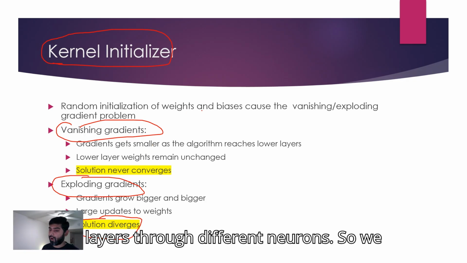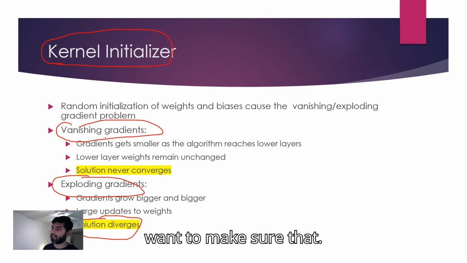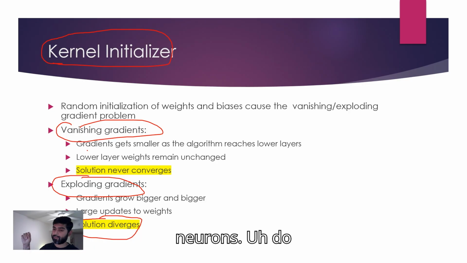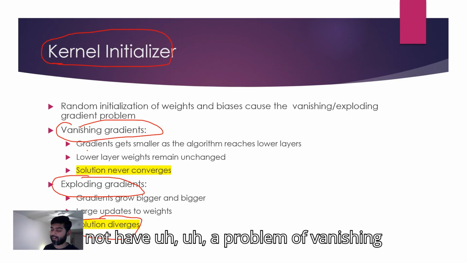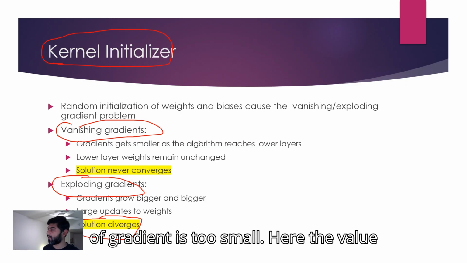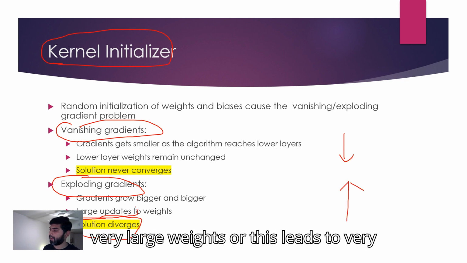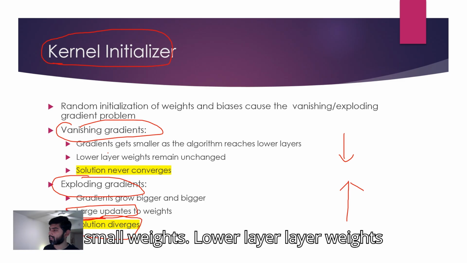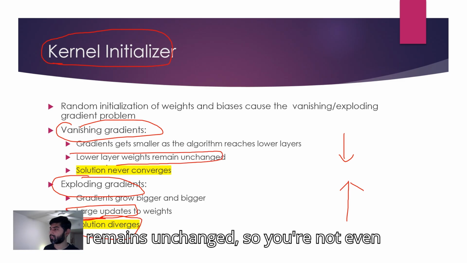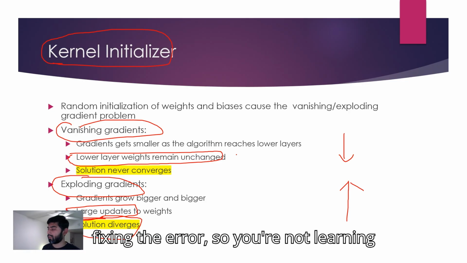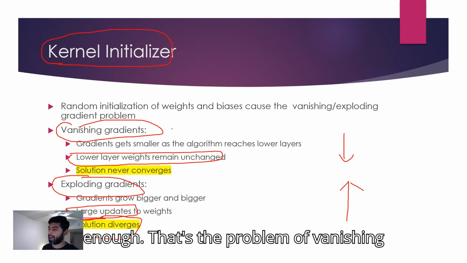So we want to make sure that when we are randomly initializing the neurons, we do not have a problem of vanishing and exploding gradients. Here, the value of gradient is too small. Here, the value of gradient is too high. That leads to very large weights, or this leads to very small weights. Lower layer weights remain unchanged, so you're not even able to change the weights. So you're not fixing the error, so you're not learning enough. That's the problem of vanishing and exploding gradients.